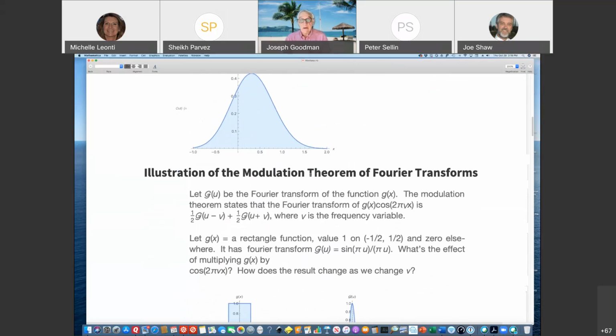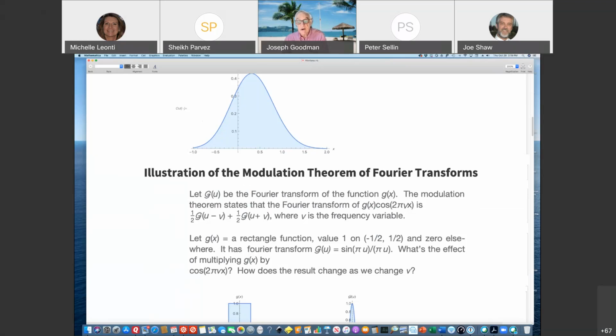And then there's another theorem I'd like to illustrate, which is called the modulation theorem of Fourier transforms. So to set that up, let's imagine that we have a function g of x. X could be time or it could be one-dimensional space. And it has a Fourier transform, this capital G, of a frequency variable, u.